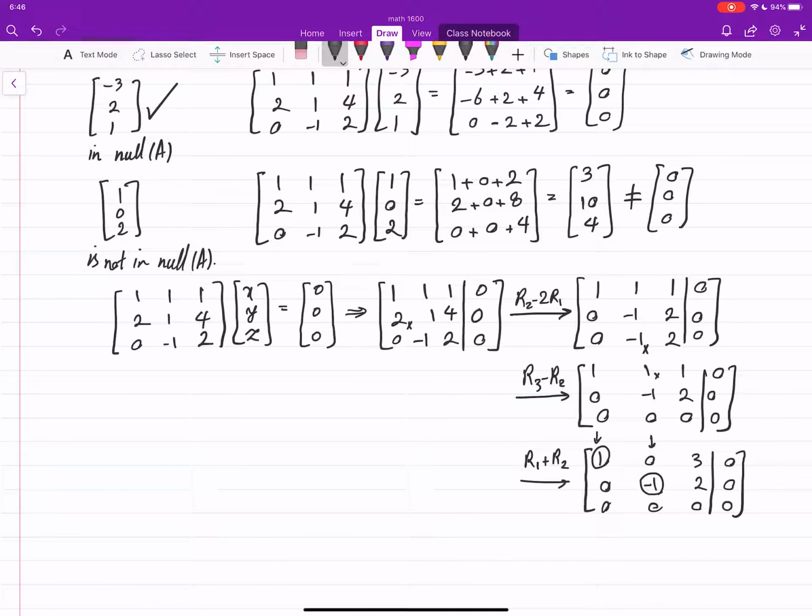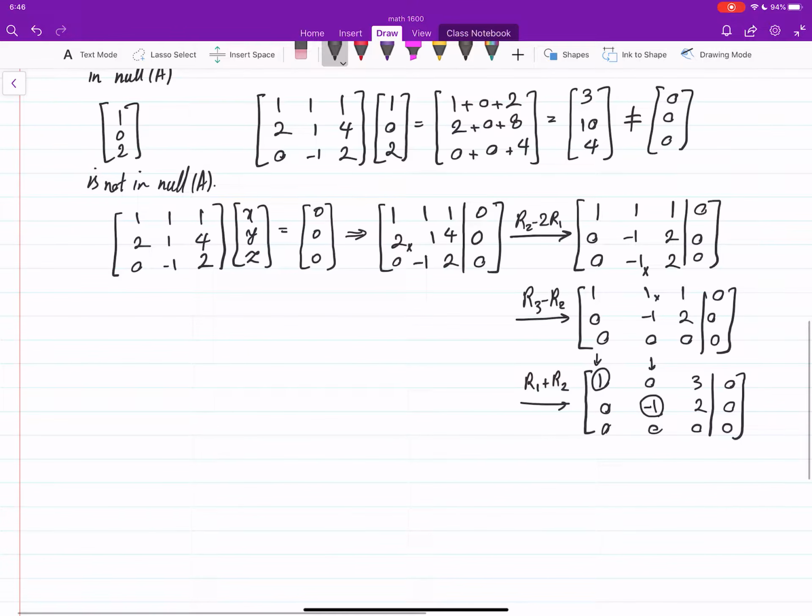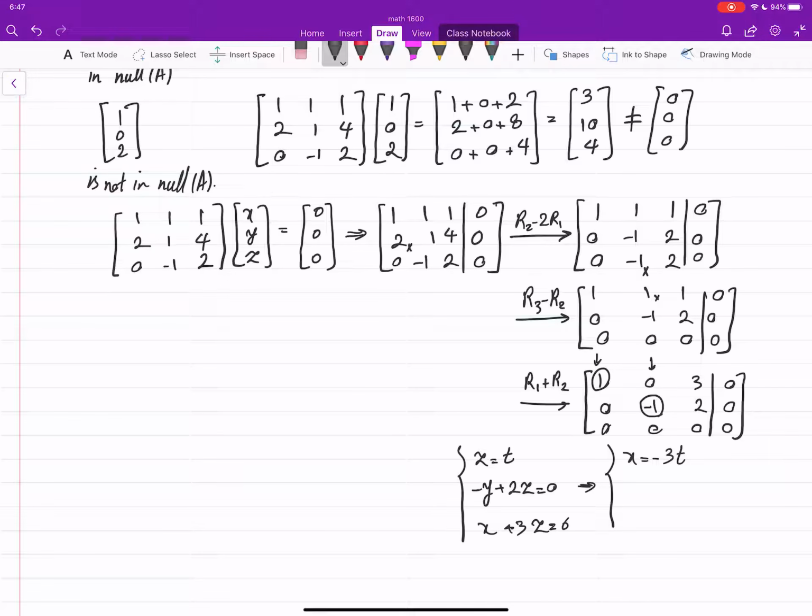But the third variable z does not have a leading 1, so z is going to be our free variable. Then minus y plus 2z is equal to 0, and x plus 3z is equal to 0. By back substitution, x is going to be -3t, y is going to be 2t, and z is t.